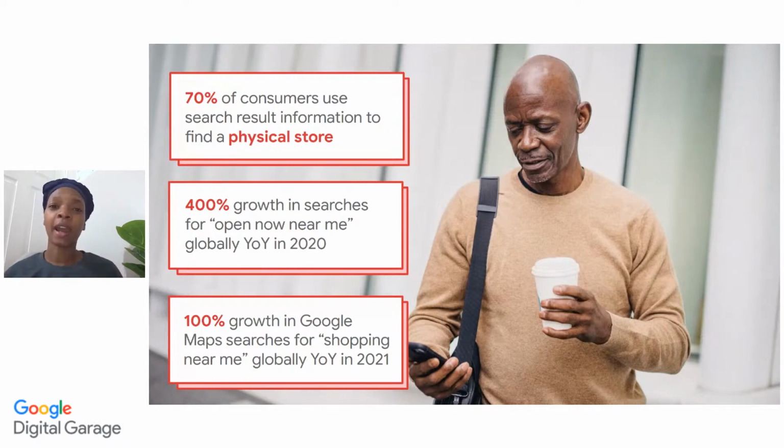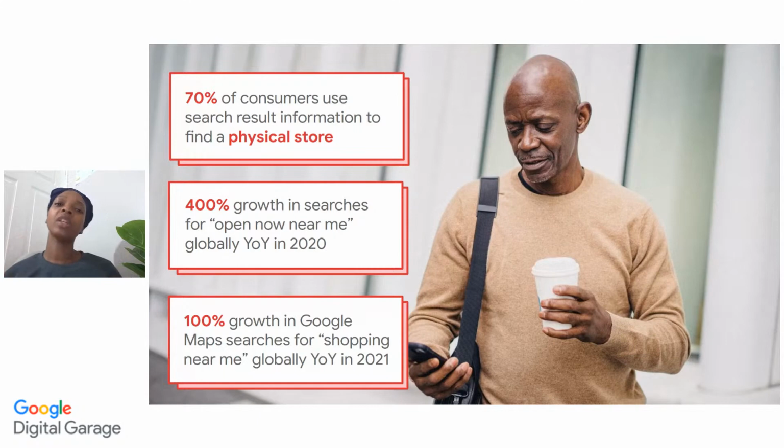People are now not traveling so far. So what they want to understand is what businesses are local to them. Where can I purchase items, products, or services that are close to me? And Google Maps searches especially have grown 100% for shopping near me globally, again year on year in 2021.